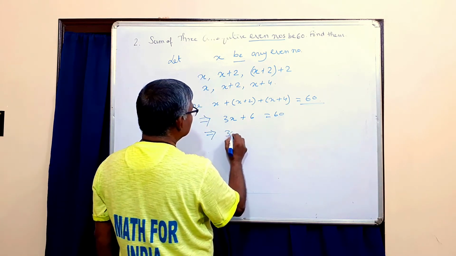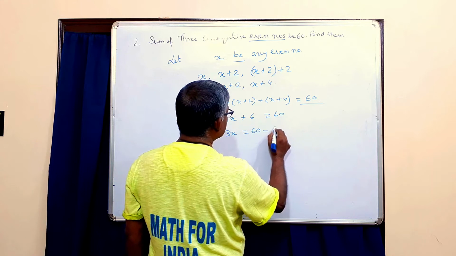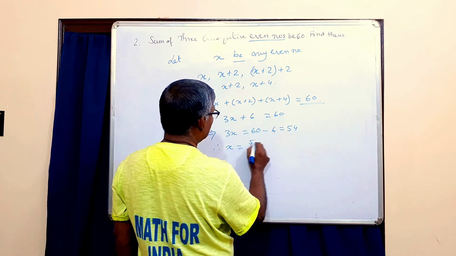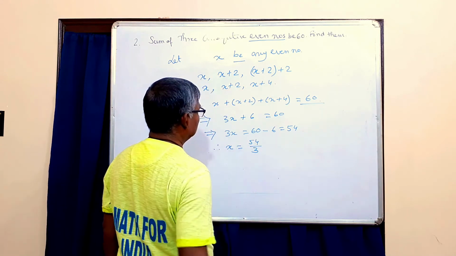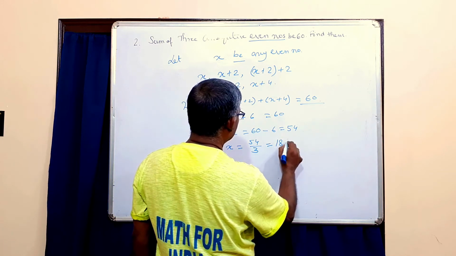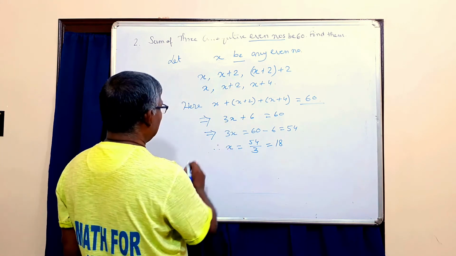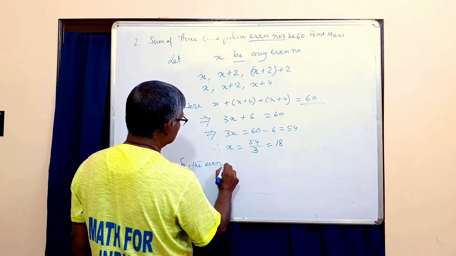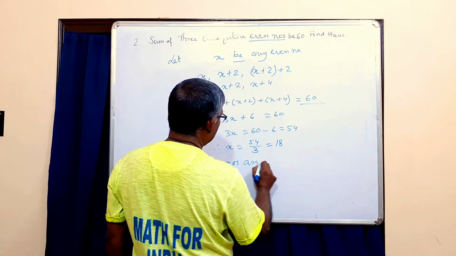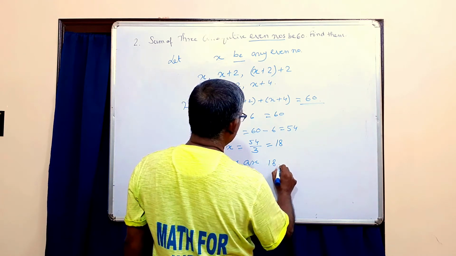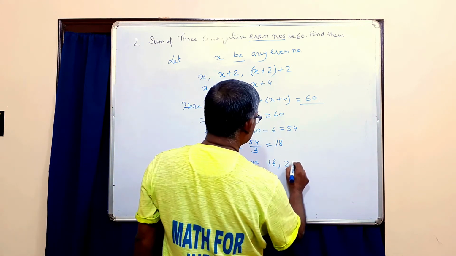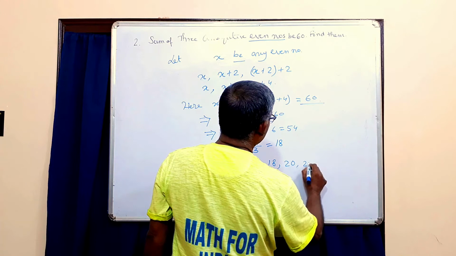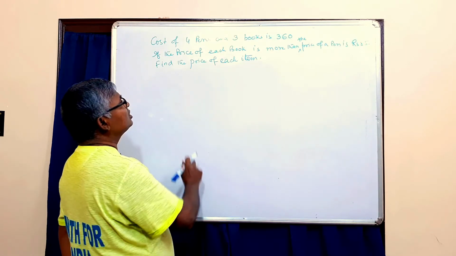This implies that 3x equals 60 minus 6, that is 54. Therefore x equals 54 by 3, that is 18. So the numbers are x, that is 18, x plus 2, that is 20, and x plus 4, that is 22.